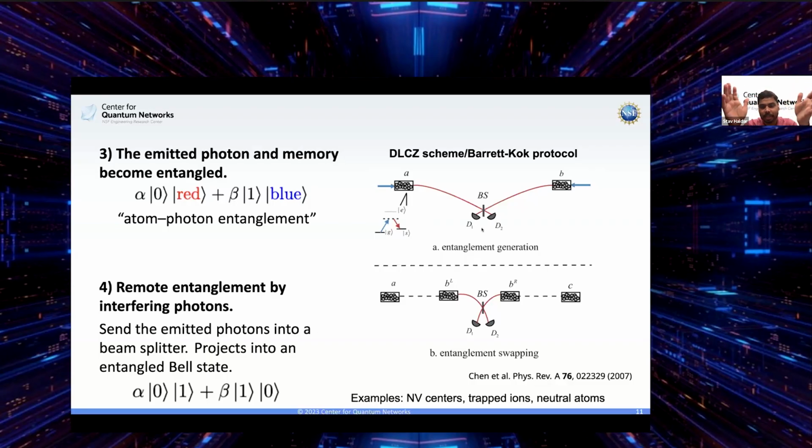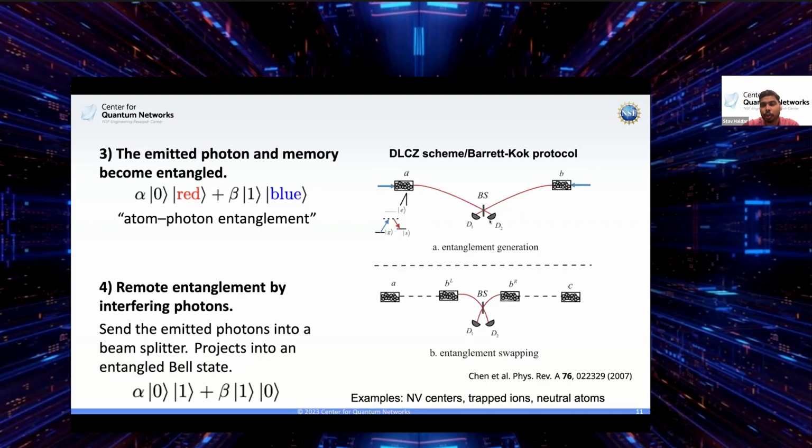What a beam splitter does essentially, and this is a 50-50 beam splitter, say for example, it erases the which path information, right? So once you detect two photons, one in D1 and D2 detectors, you don't know from which side which photon came from, right?